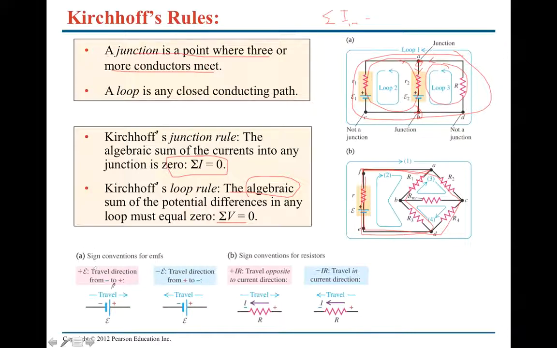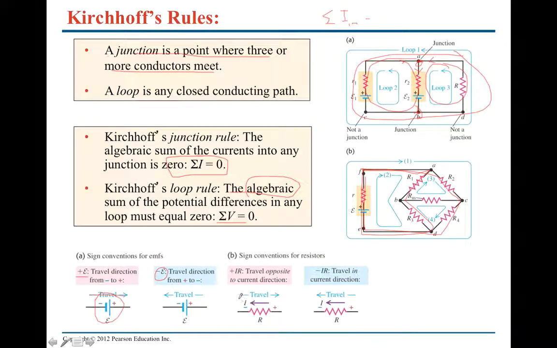Now we have to be careful with the signs when we apply the Kirchhoff rules. So when you go from negative to positive for a battery, it's plus. That means the potential has increased. If you go the reverse, if you travel opposite, then that means the potential is decreased.